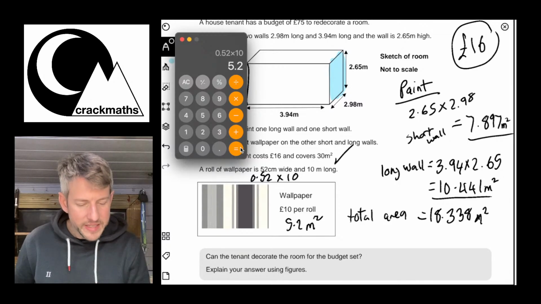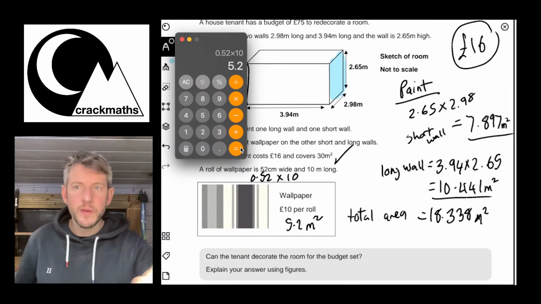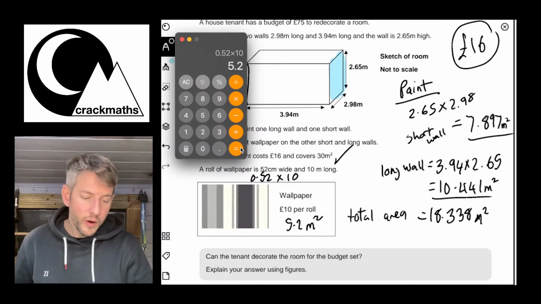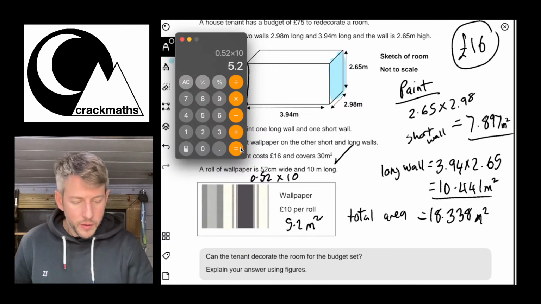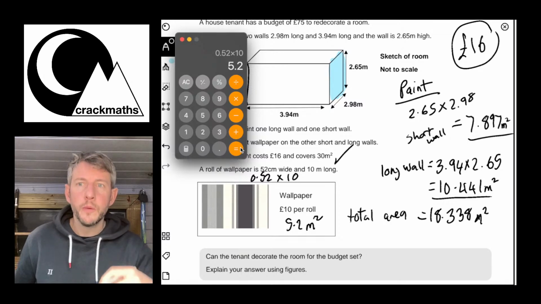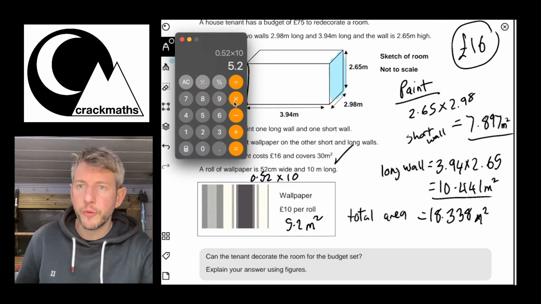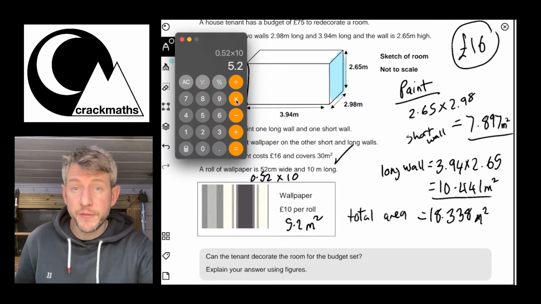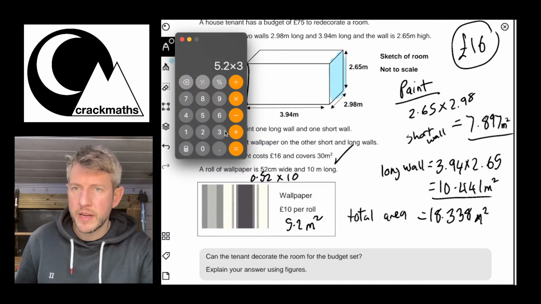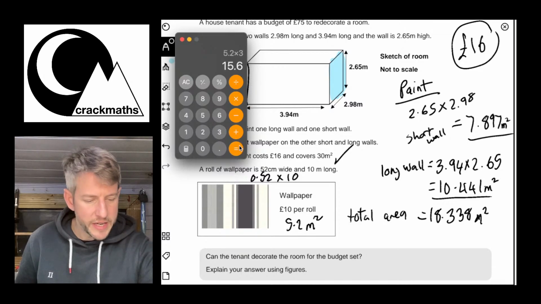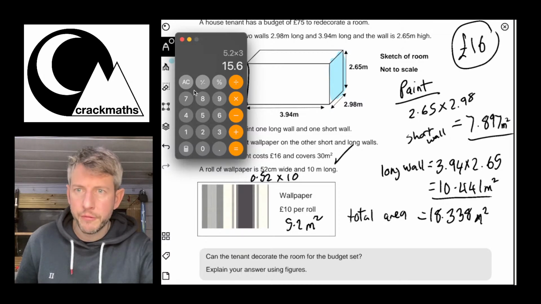Okay, right. We need to get up to 18. So let's have a look. One roll would be 5.2. 2 rolls would be 10.4. 3 rolls is going to be 15 point something. Let's times that by 3, see? 3 rolls is 15.6, so 3 rolls isn't enough. So let's try 5.2 times 4.